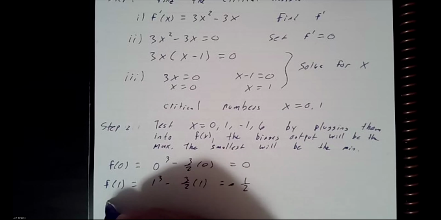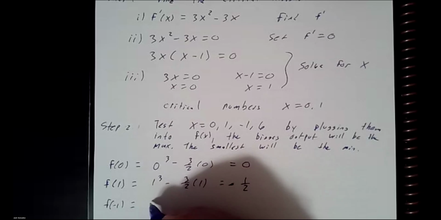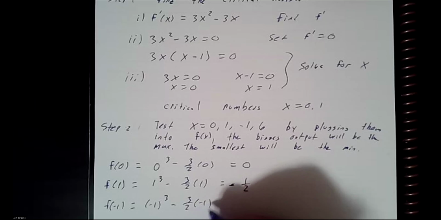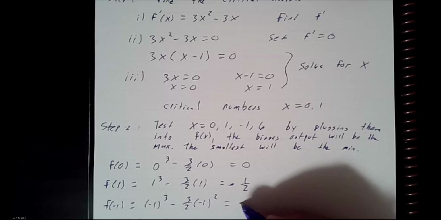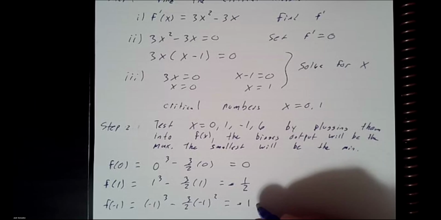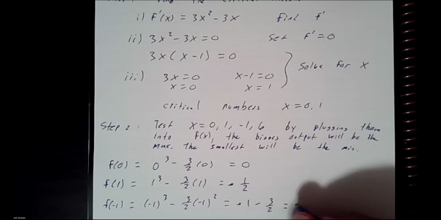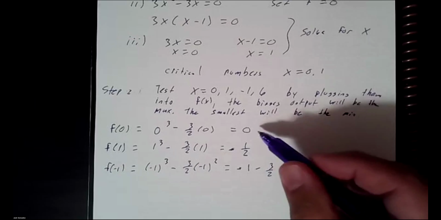F of -1, that'll be -1 cubed minus 3 halves times -1. That will be -1 minus 3 halves, -5 halves. So far, this is the smallest, and 0 is the biggest.